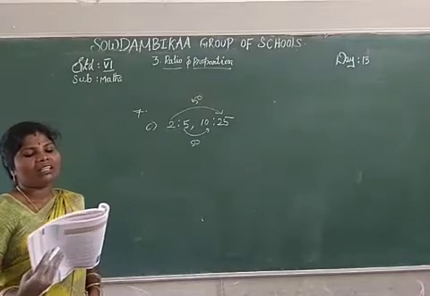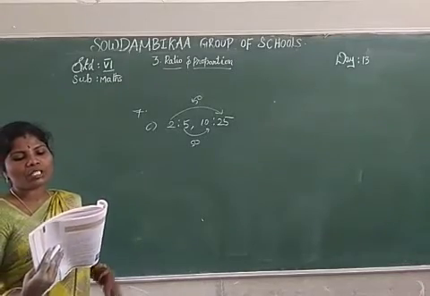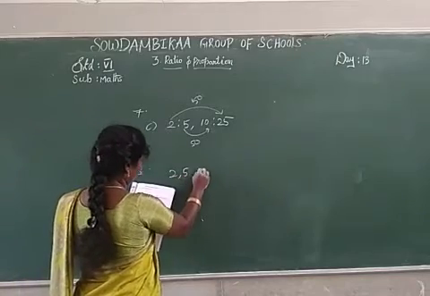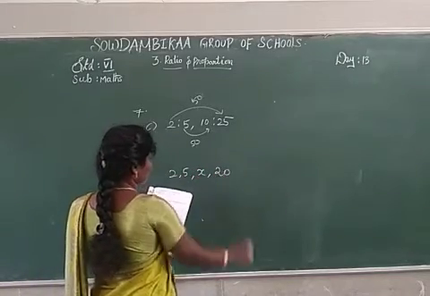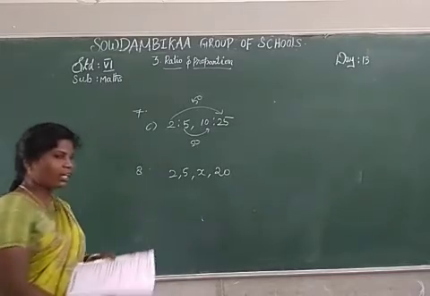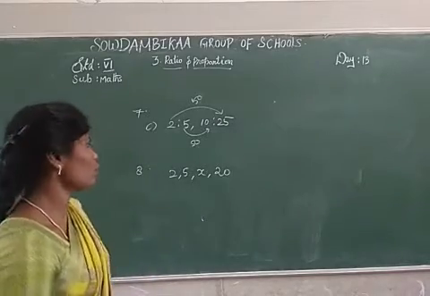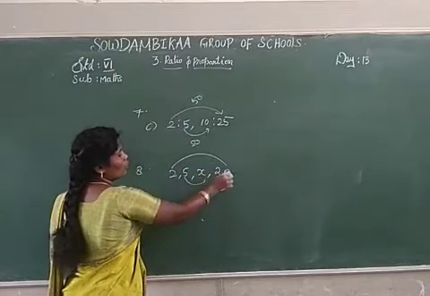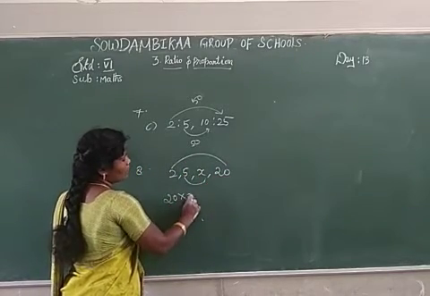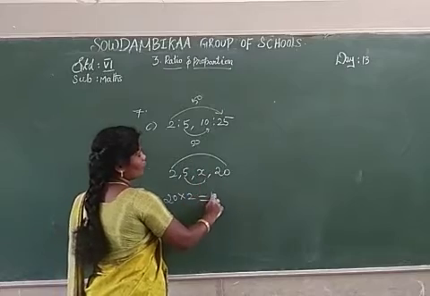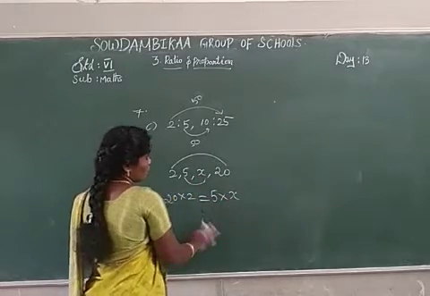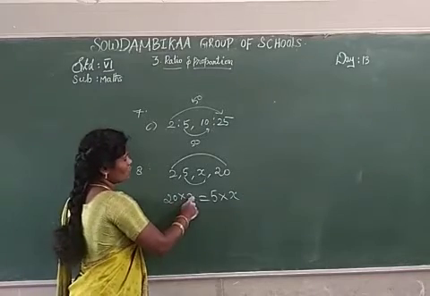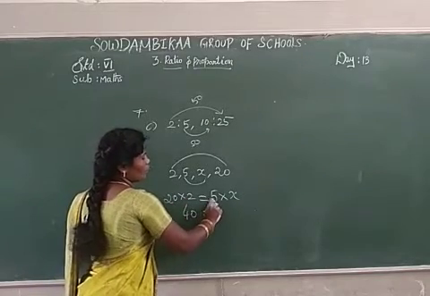Question 8: If the ratios formed using the numbers 2, 5, x, 20 in the same order are in proportion, then what is x? Take the product of extreme terms equal to the product of mean terms, because the question says proportion. 2 20s are 40, equal to 5 into x.